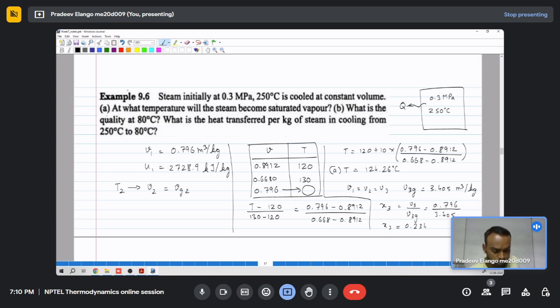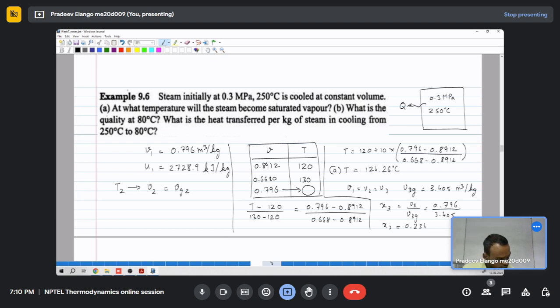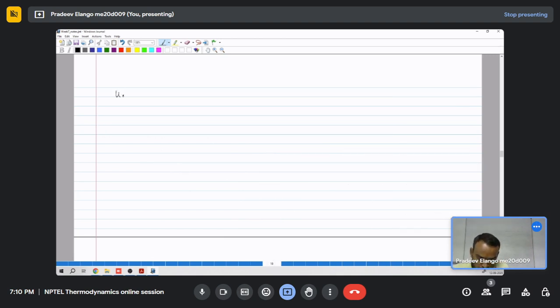Now we can find the internal energy. U is equal to Uf3 plus X3 into (Ug3 minus Uf3).